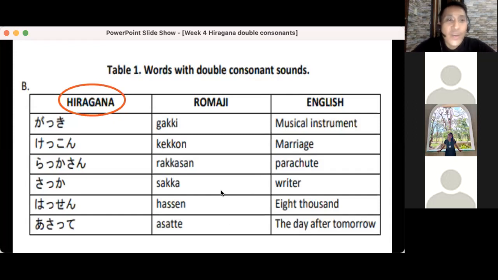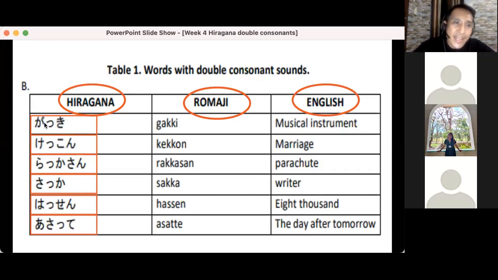Take note of this word. So ito yung hiragana. Ito naman yung Romaji. Of course, we have the English equivalent, no? So ito ay gaki, kekkon, rakkasan, sakka, hassen, asatte. Okay? So kung napapansin nyo, paano nire-represent ang inuulit na consonant? Nire-represent siya sa pamamagitan ng maliit na ts.